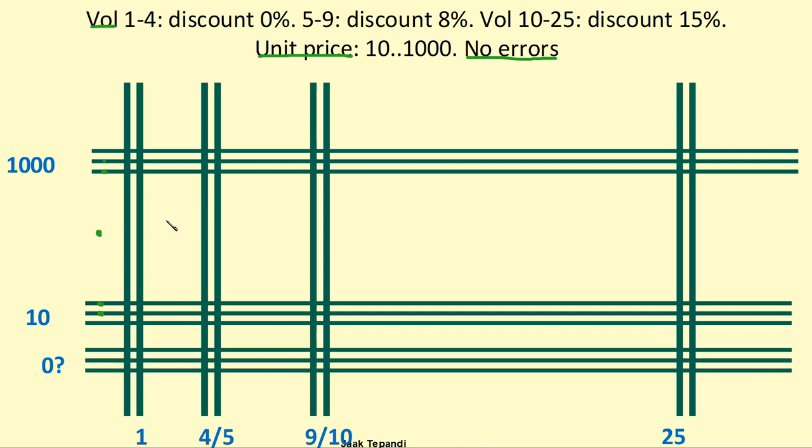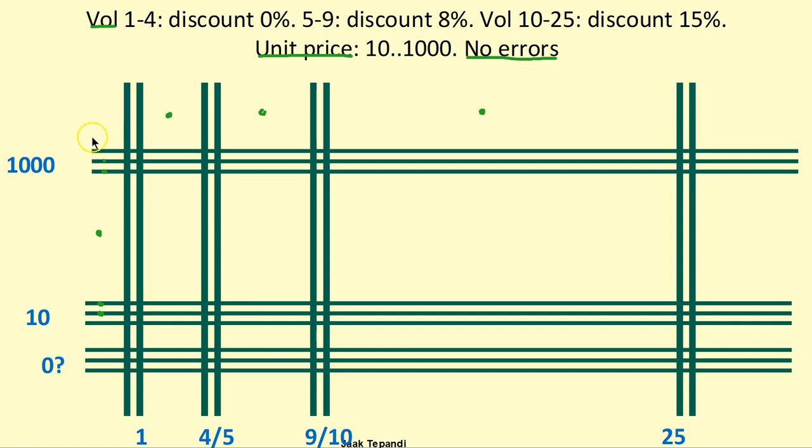For the volume, our equivalence classes are inside this first class from 1 to 4, inside the second class from 5 to 9, and inside this third class from 10 to 25. Again, if we would consider errors, we might have also volumes 0 or less, or volumes larger than 25, but we do not do this at this moment.